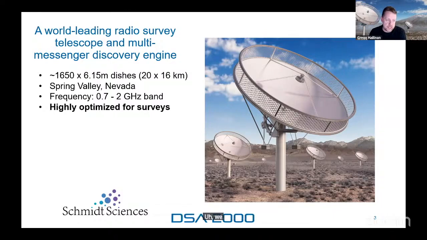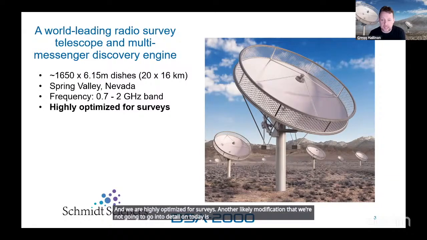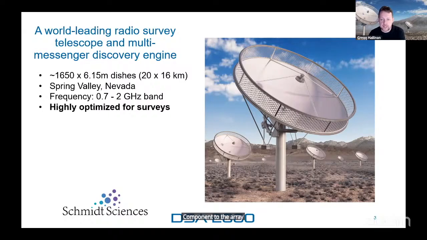We operate in a single frequency band in a very radio quiet valley in Nevada, Spring Valley, and we are highly optimized for surveys. Another likely modification that we're not going to go into detail on today is we will likely also have a low band component to the array spanning 15 to about 300 megahertz.